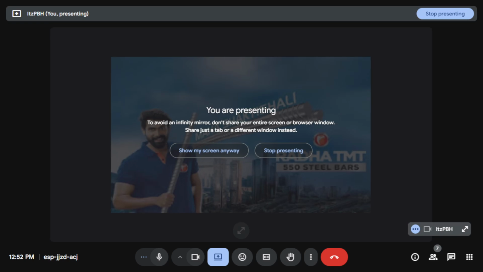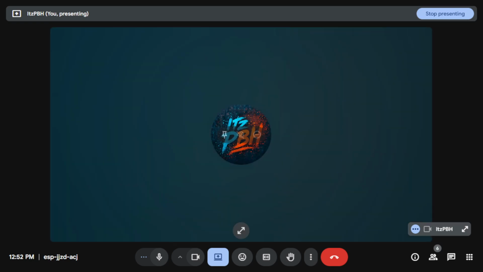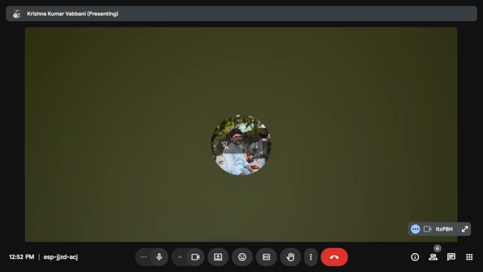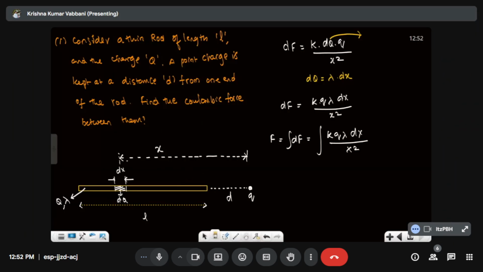Now we have to take the limits. There are two ways of taking the limits here. I am taking one for simplicity. Either you can say that my distance x is from this point up to here. So my charge dq can be here, can be here, can be here.